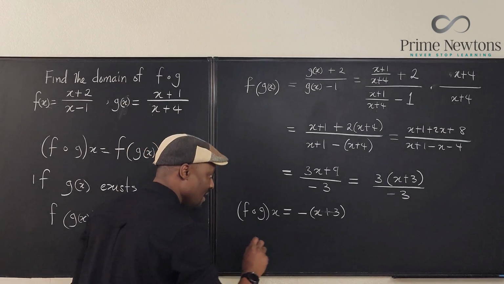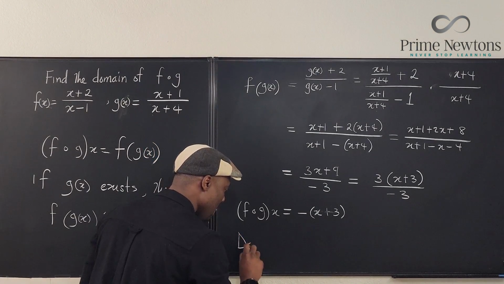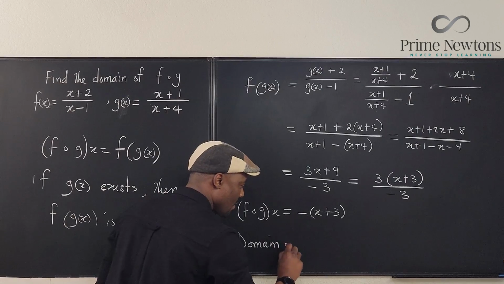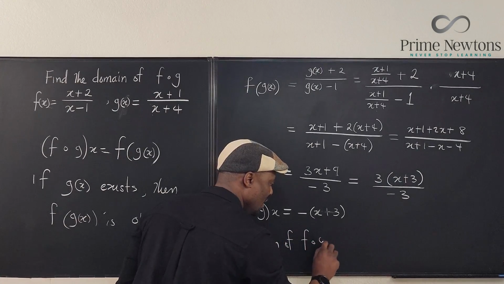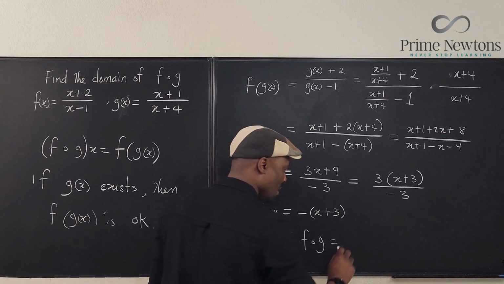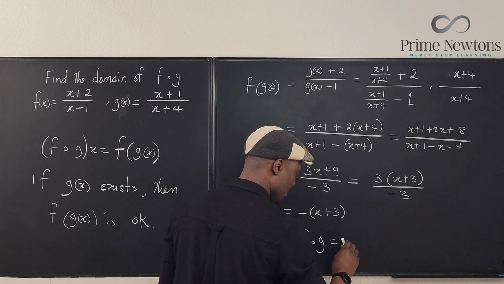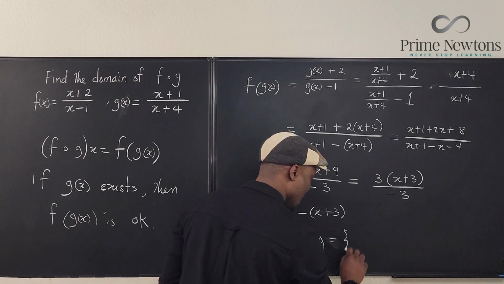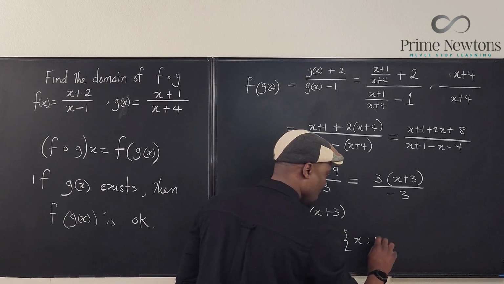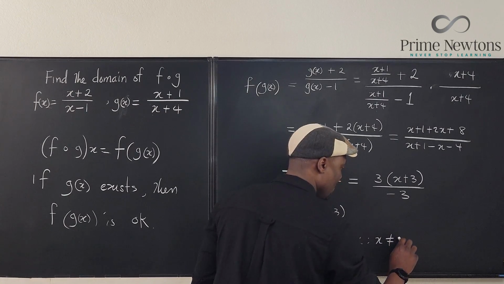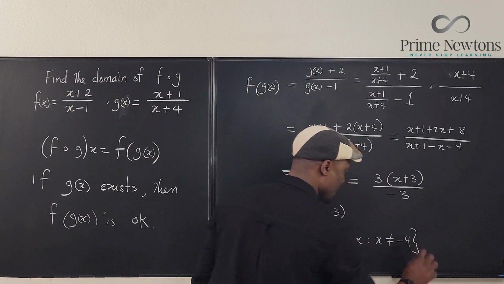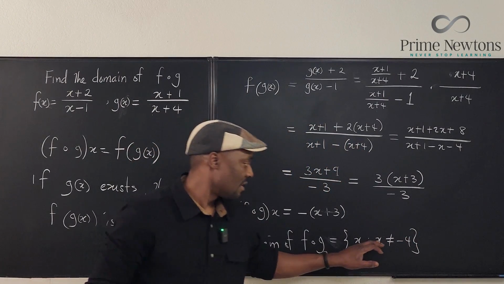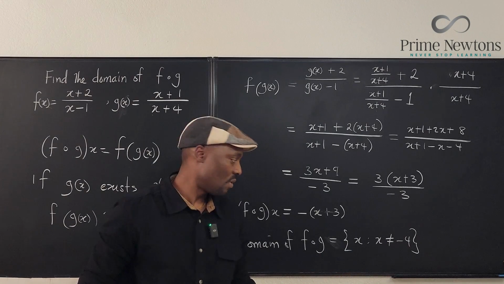So we say that the domain of f composed with g is equal to the set of x such that x is not equal to negative 4. That's it. Every value of x, as far as x is not negative 4, is the domain.